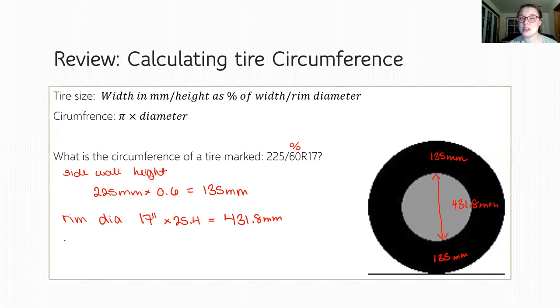So the total height of the tire is going to be equal to 2 times 135 plus 431.8, which gives me 702 millimeters. Next, I need circumference.